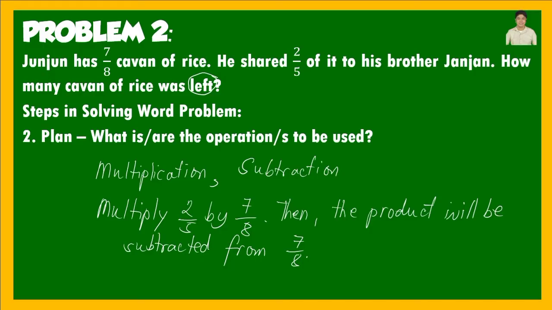Okay, so yung pinakabuuan kasi dito na meron tayo at first is 7/8 kaban. And then, shinare ni Junjun sa kapatid niya yung 2/5 ng 7/8. So, para malaman natin kung how many kaban pa ng rice yung natira kay Junjun, kailangan nating isubtract yung nakuha nating product dun sa 7/8 kung gusto nating malaman kung ilan yung natira.